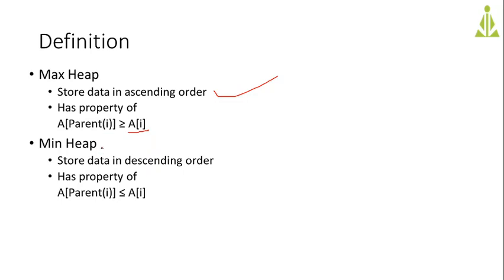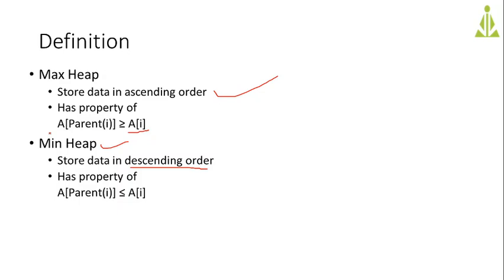Min heap stores data in descending order and has the property that whatever the parent node we have should be less than or equal to A of i. Okay, remember this. I will show you the tree of max heap and min heap.